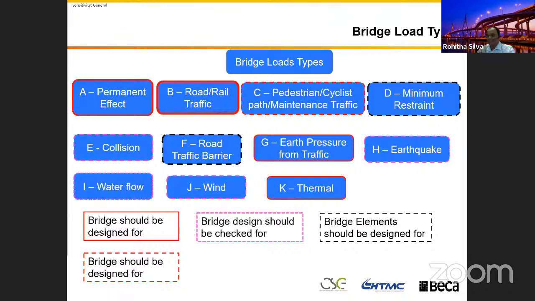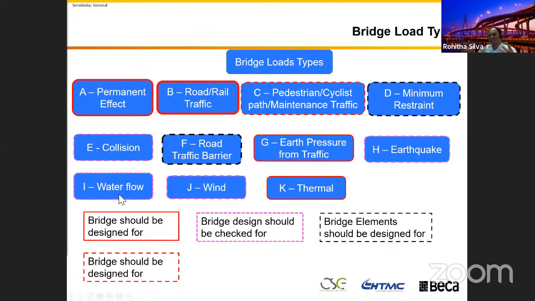Then other loads come, like pedestrian and maintenance loads. And then the collision load, which could happen but is not frequent. Impact load on the bridge and the earth pressure, of course, that's inherent with the bridge design, and the earthquake load, and then the water flow.